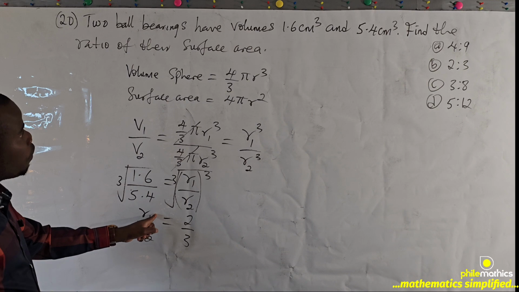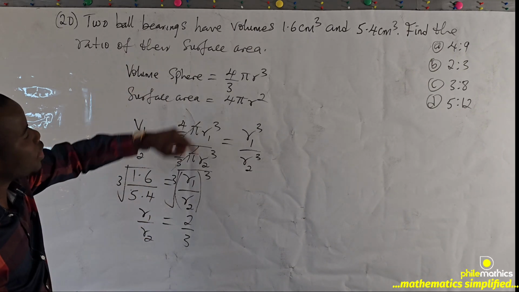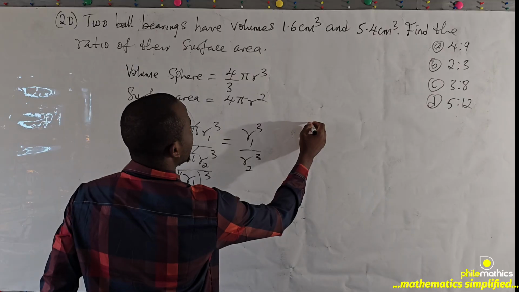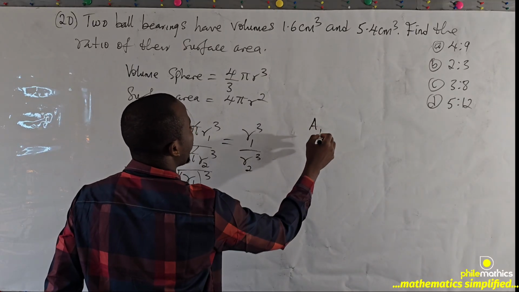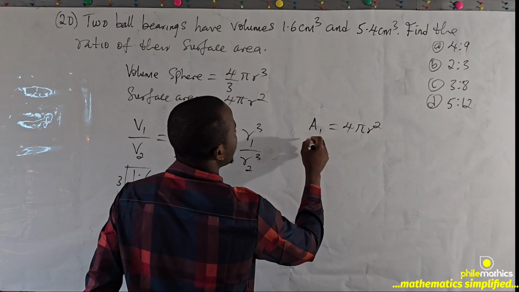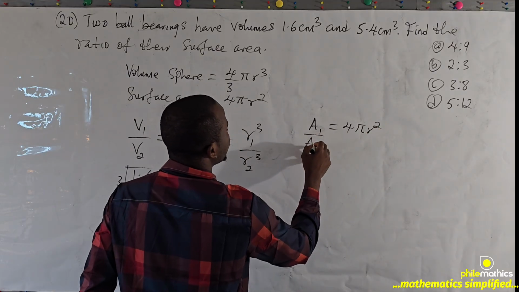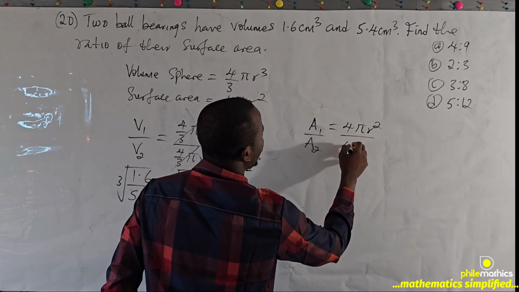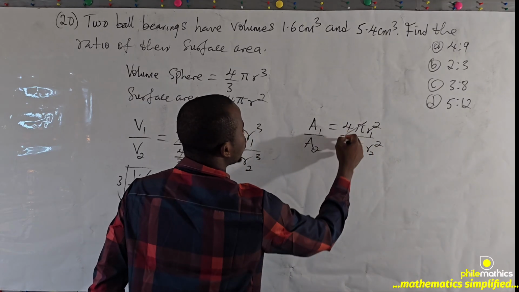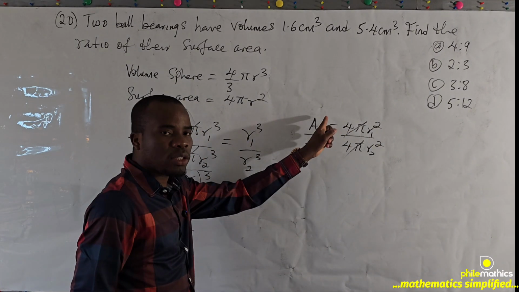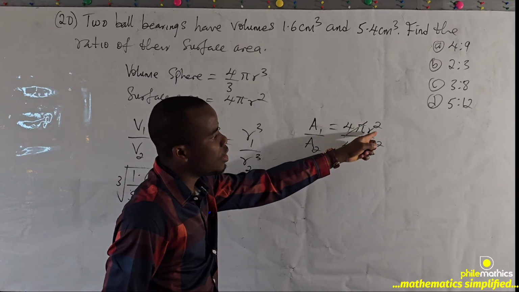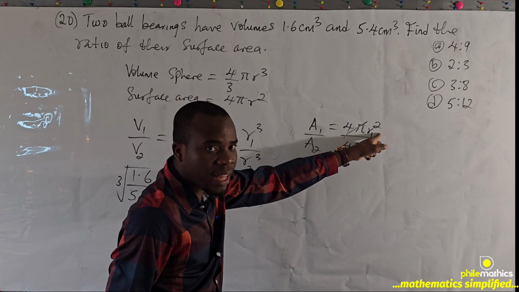Likewise, to find the ratio of their surface areas, let this be area 1, which is 4 pi r1 squared, over area 2, 4 pi r2 squared. And so their surface area is also proportional to the square of their radii.